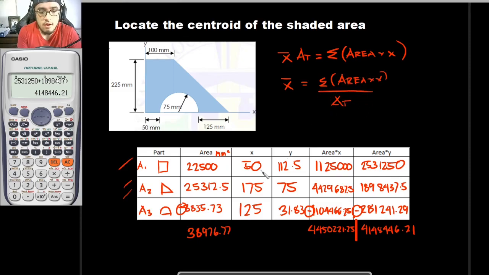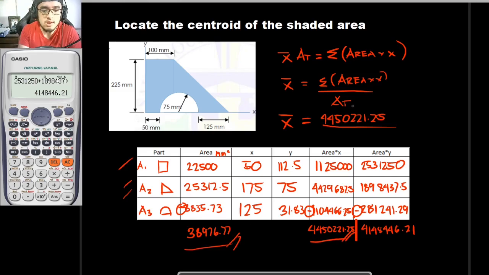The total area is equal to this value right here, and the summation of the products of area and x is this value. So substituting known values to get the location of the centroid along the x-axis, that is 4,450,221.25 divided by the total area, 38976.77.